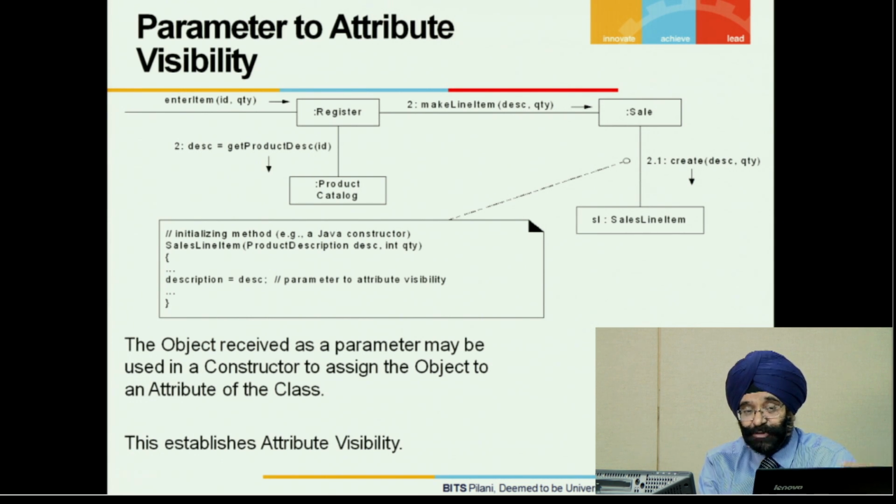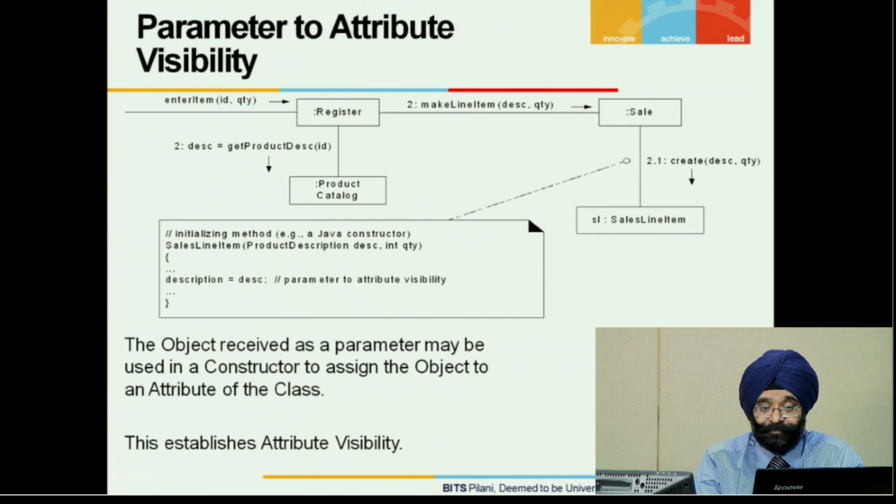So please notice again, sale received DSC, and having received DSC, it decided to instantiate a sale line item with those same parameters. It knew that the visibility was limited, but sale obviously requires this information for a longer period, at least as long as the object of sale class is alive. It would like to have information about the sale line item to be alive.